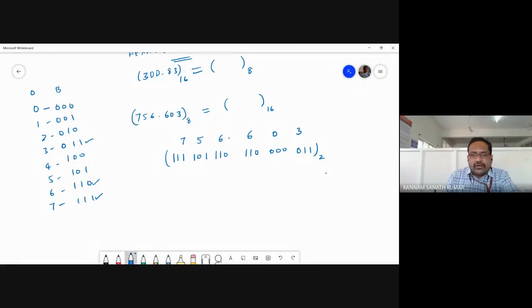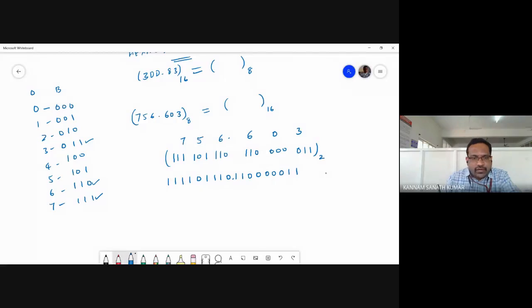Now what should you do? Combine 4 bits. Why? Because you got this binary value, 111101110110, here the point is there, 000011.